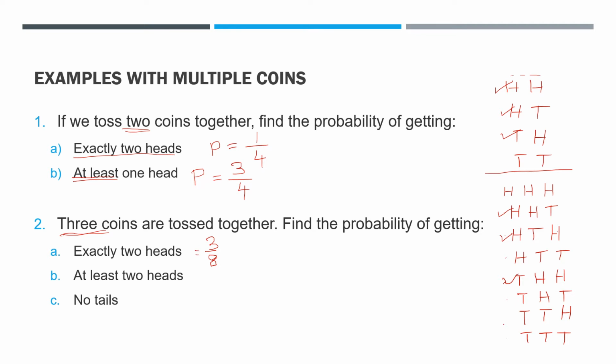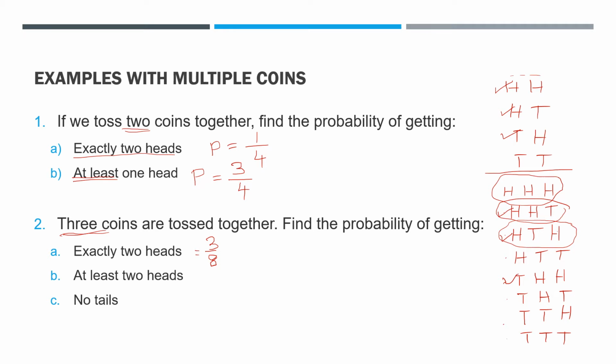Now let's look at at least 2 heads. This time we'll circle. At least 2 heads means either 2 or 3 because we are tossing 3 coins. So this is covered. This is covered. This has 2, at least 2, so this is also covered.